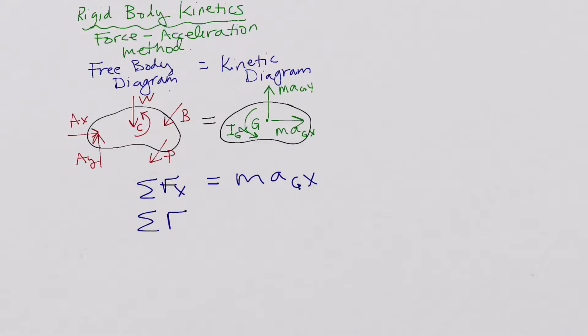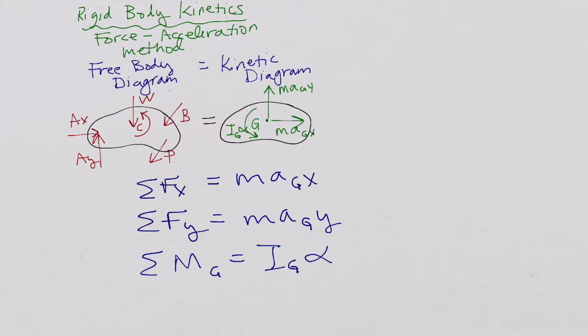Then the sum of the forces in the y direction equals m a_G y, and the sum of the moments about G, the center of gravity, equals the mass moment of inertia times alpha, the angular acceleration. So by setting it up or drawing it this way, it makes it super easy to pull out all of the equations that we need. We're not talking a big difference from what you've done already.